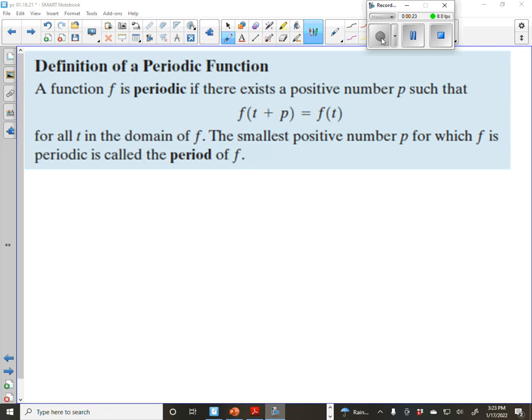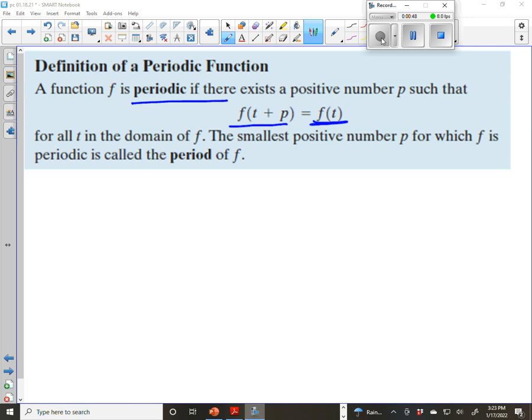All right, periodic function. A function is periodic if there exists a positive number p such that f of t plus p equals f of t. We've seen that in looking at coterminal angles.